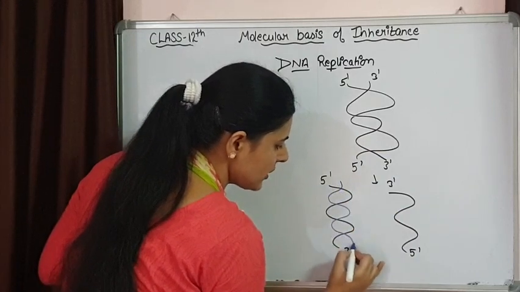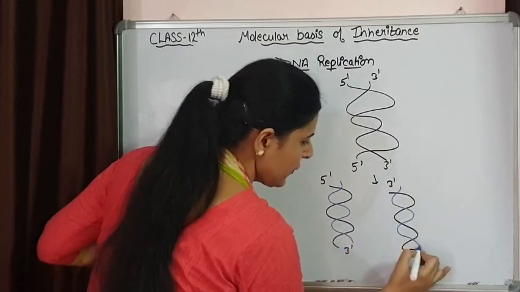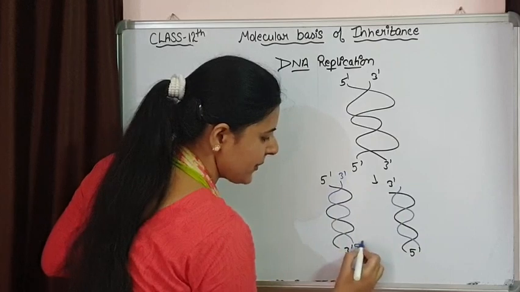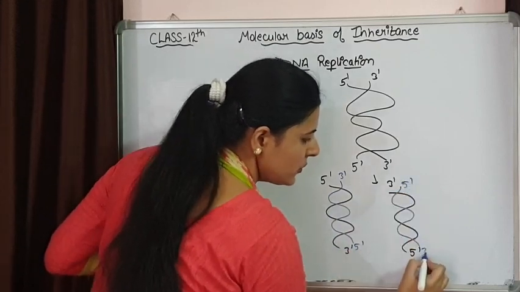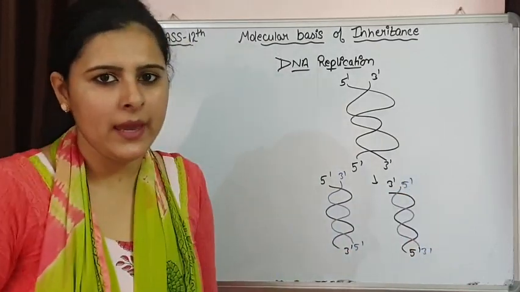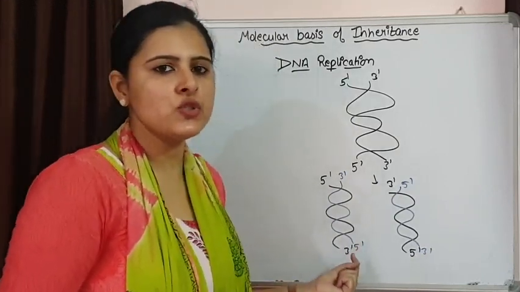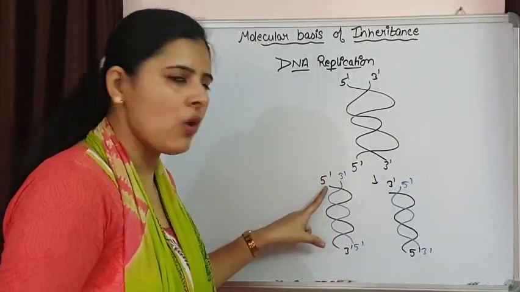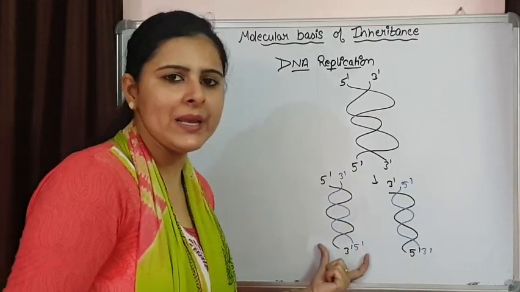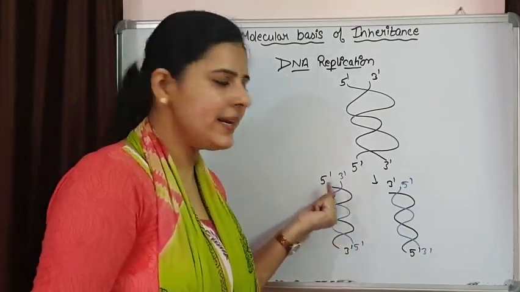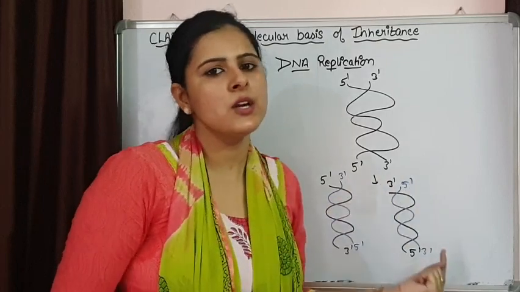and with this, a new strand is going to form. This will be the 3' to 5' end and this will be the 5' to 3' end. That means each DNA duplex has one old strand and one new strand that is formed.